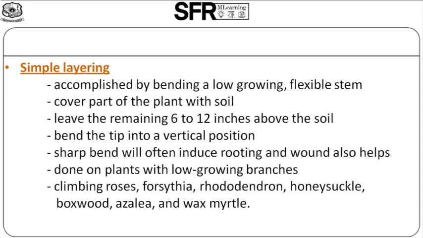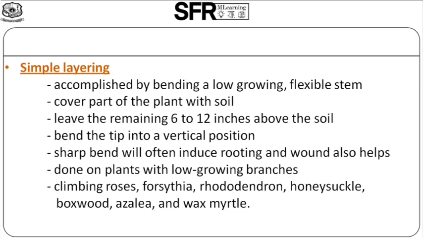The part that is bent should be covered with soil. The point where we are going to bend should have a wound. We should make a cut, and it is better to place a small stone inside the cut so that it is kept open, which helps in easy root development.